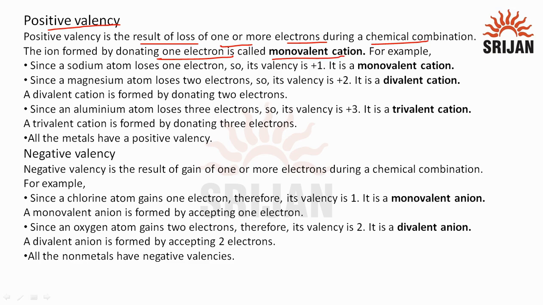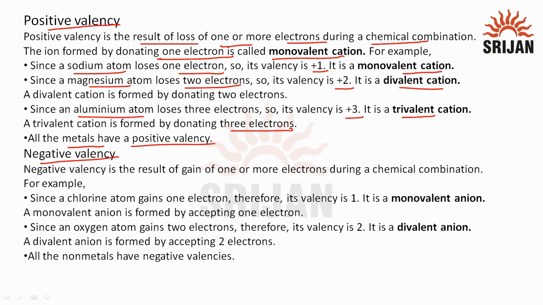For example, if a sodium atom loses one electron, its valency is +1, so it is a monovalent cation. For a divalent cation, an atom loses two electrons, for example magnesium, so its valency is +2. Aluminium loses 3 electrons, so its valency is +3, a trivalent cation formed by donating 3 electrons. All the metals have positive valency.